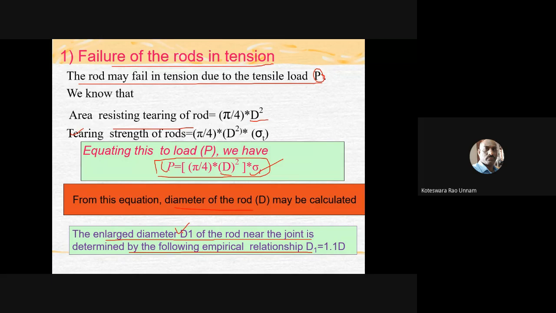If you refer to our data book, first he has given the design particulars and equations. For the knuckle joint, he has given the equations for load carrying capacity on the basis of: A, tensile strength of the solid rod; B, shearing strength of the knuckle pin; C, tensile strength of the single eye; D, shearing strength of the single eye; E, crushing strength of the single eye; and so on, F, G, H. Up to H he has given the equations.